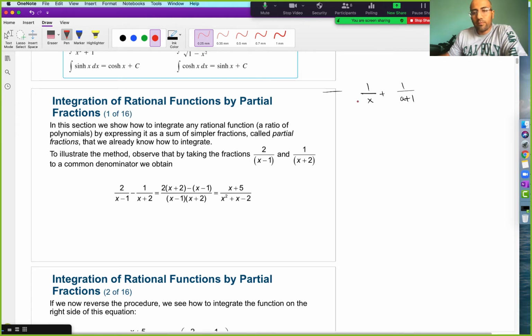So we're going to have to multiply this fraction by a plus 1 over a plus 1, and then we have to multiply this fraction by x over x. And then we would end up with a plus 1 plus x all over the product of the two, x times a plus 1.